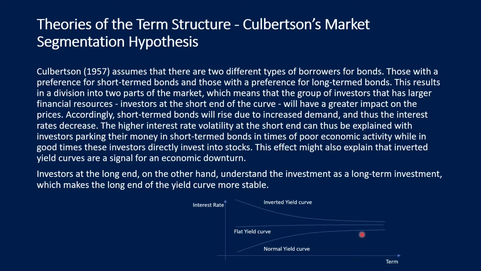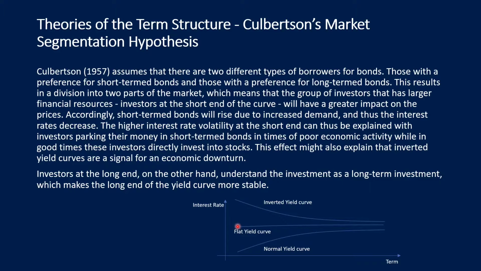The group of investors that has larger financial resources are the investors at the short end of the curve. You can see that there's a lot more money traded, so obviously there are investors with larger financial resources. And of course, if they have larger financial resources, they will have greater impact on the prices.